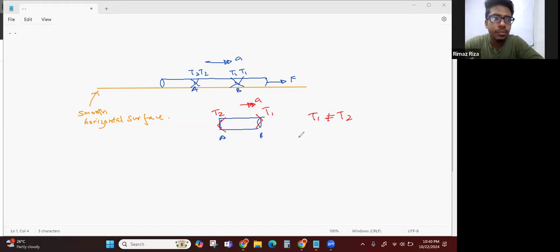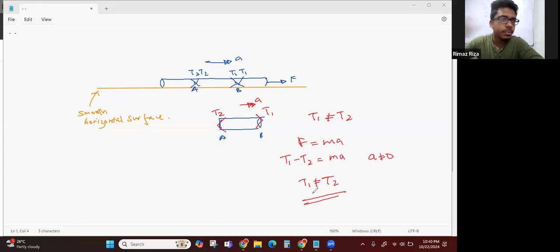There should be an unbalanced force. So according to F equals ma, T1 minus T2 equals ma. A is not equal to 0. Therefore, T1 cannot be equal to T2. Understood? And in fact, T1 is greater than T2.